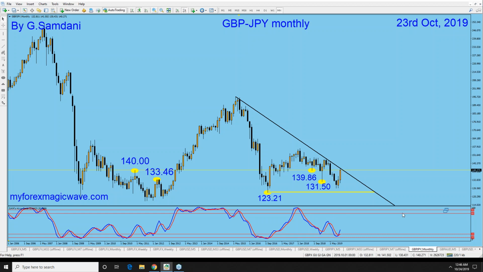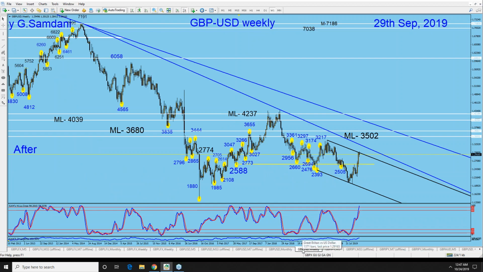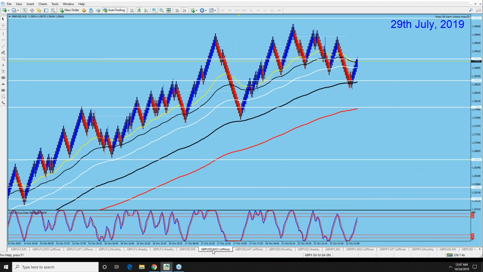Now the analysis again: if the pound is going to get weaker, all pound pairs are going to drop, hopefully. Let me show you, the pound USD weekly chart is also sitting at the channel, not the TL, but the channel, and the 30-minute chart is turning.